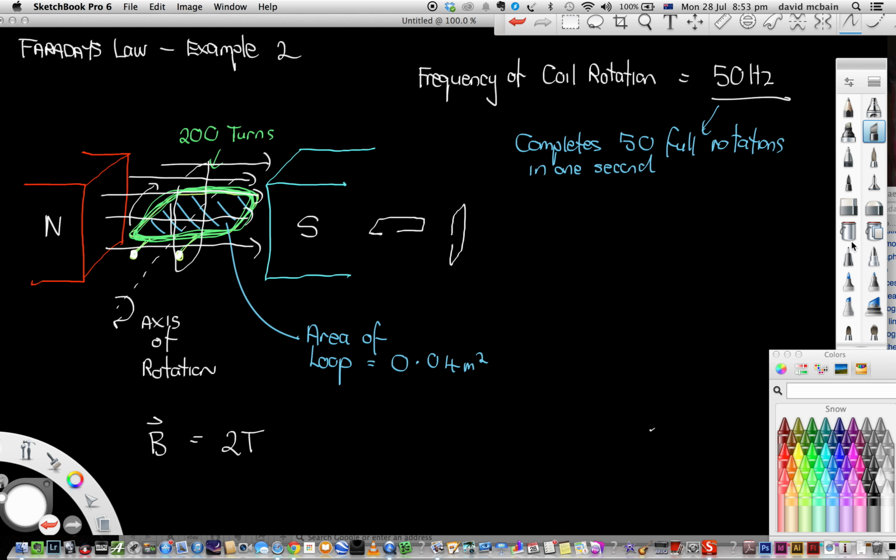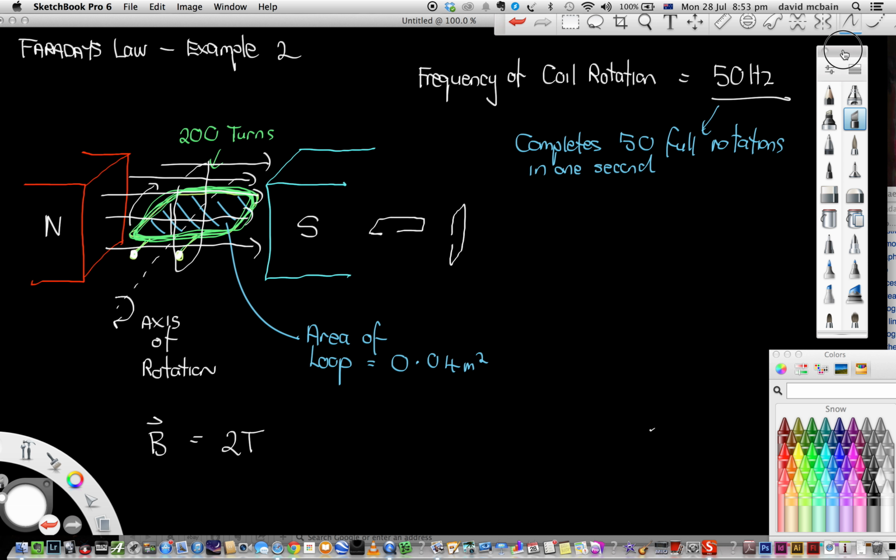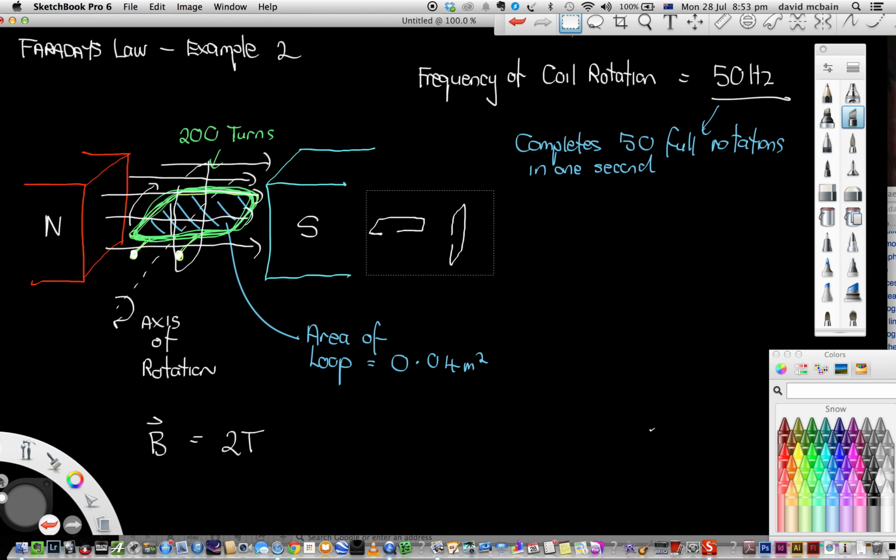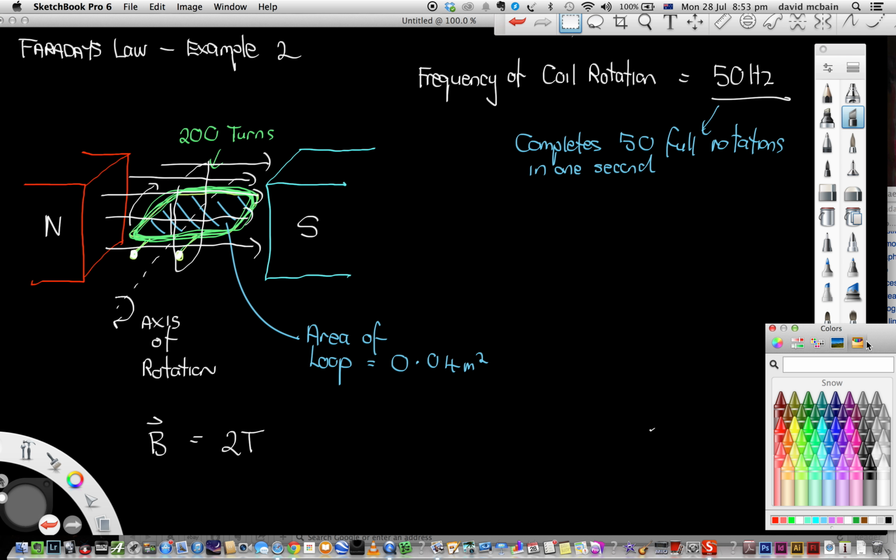So let's go ahead and work it out, and I'll show you how this is done. This is just a little bit of an extension on top of the previous problem. So once again, we're going to use Faraday's law, and I'm going to ignore the negative sign for the purposes of calculation because we don't need the negative sign just yet.